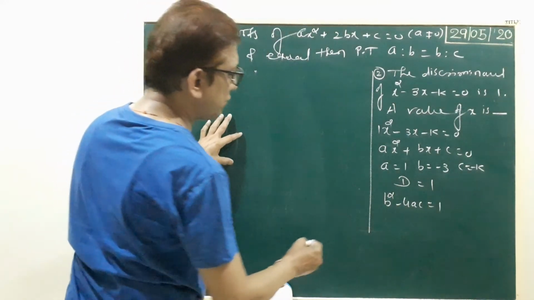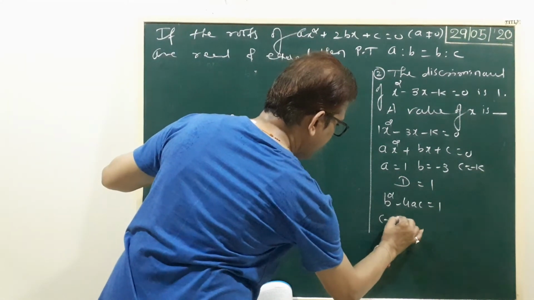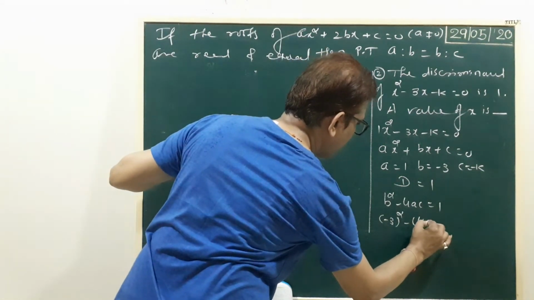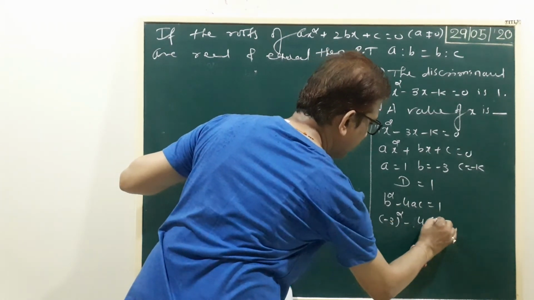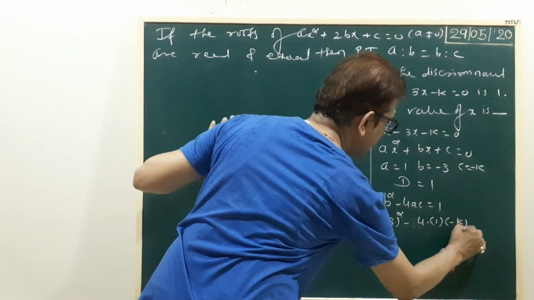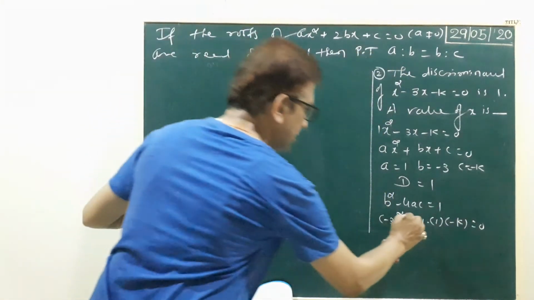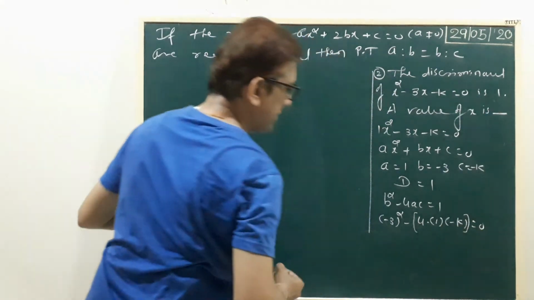We calculate here. b² − 4ac: b² is (−3)², minus 4 times 1 times −k. If you put a bracket here, then a big bracket.